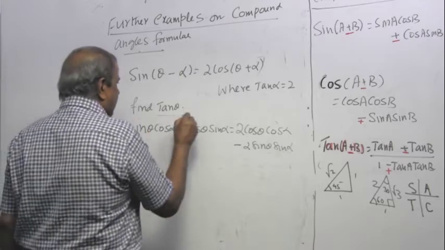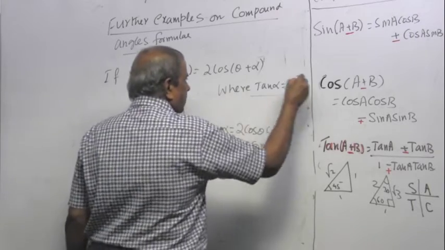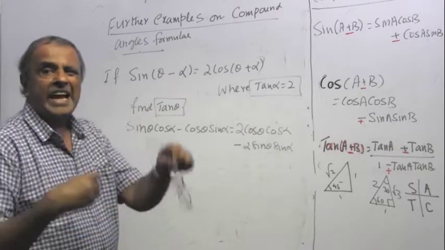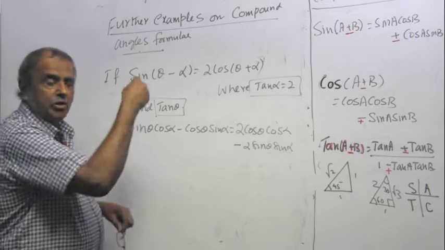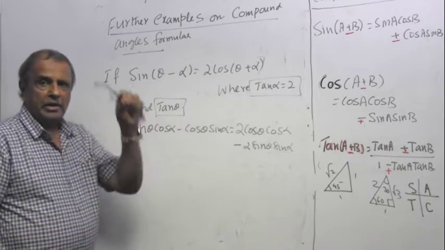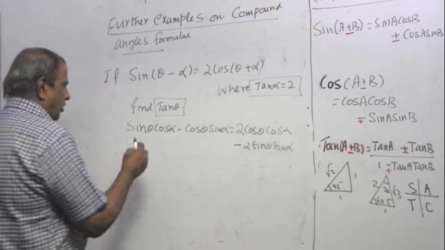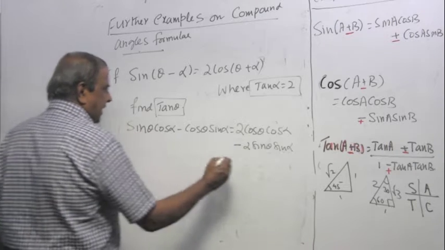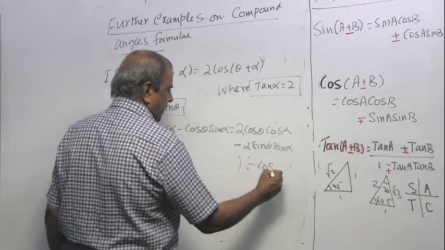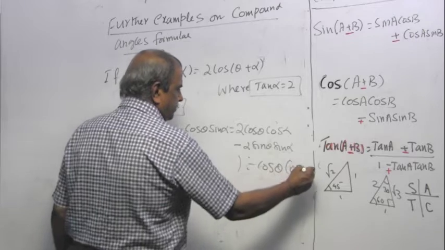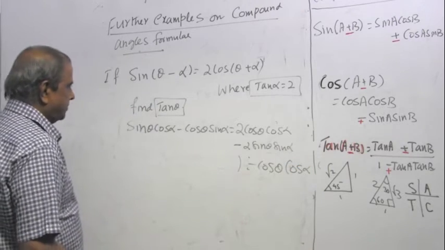But I want tan theta and I know tan alpha. That means I want tan. Remember, I use this when I prove tan of A plus B. If you want tan, divide sine by cos. So I divide everything by cos theta cos alpha. So what do I get?